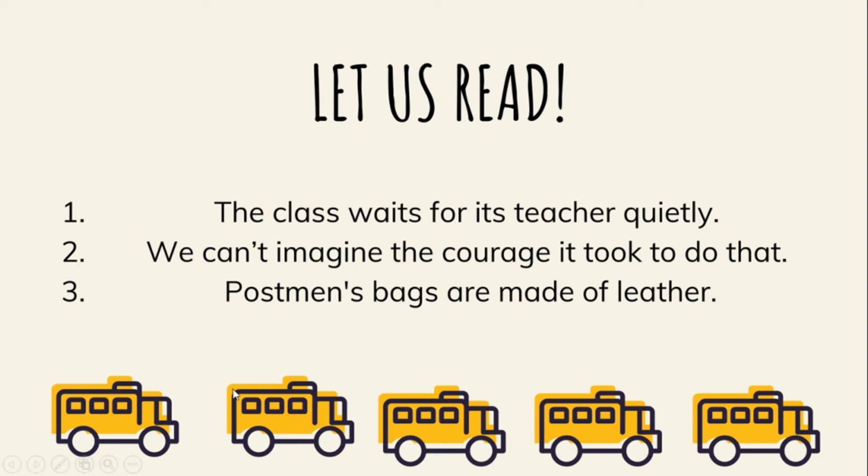For the first one, the noun that we use is class, and it will fall under collective nouns. Next one, the noun that we use is courage. It is under abstract nouns. And lastly, we have postman's. It will fall under possessive nouns.